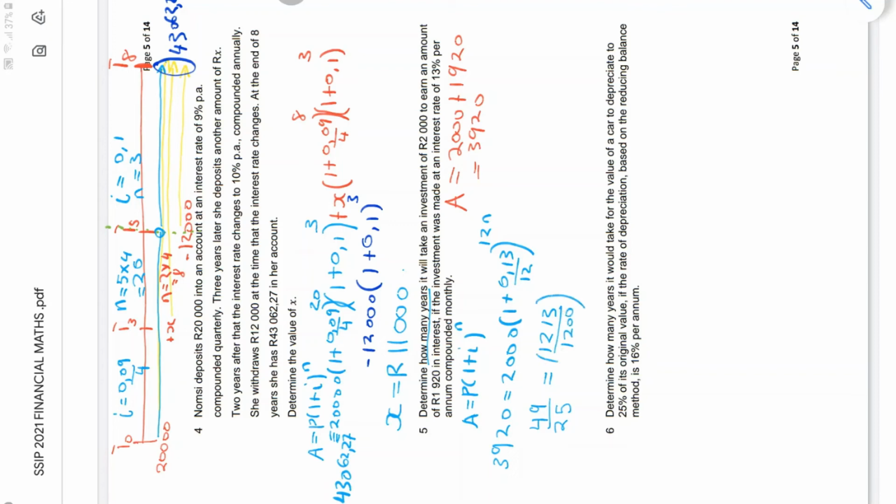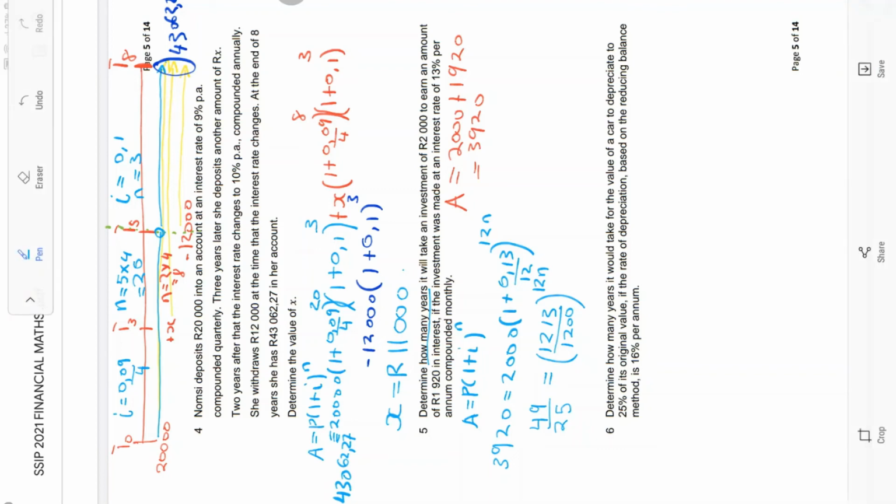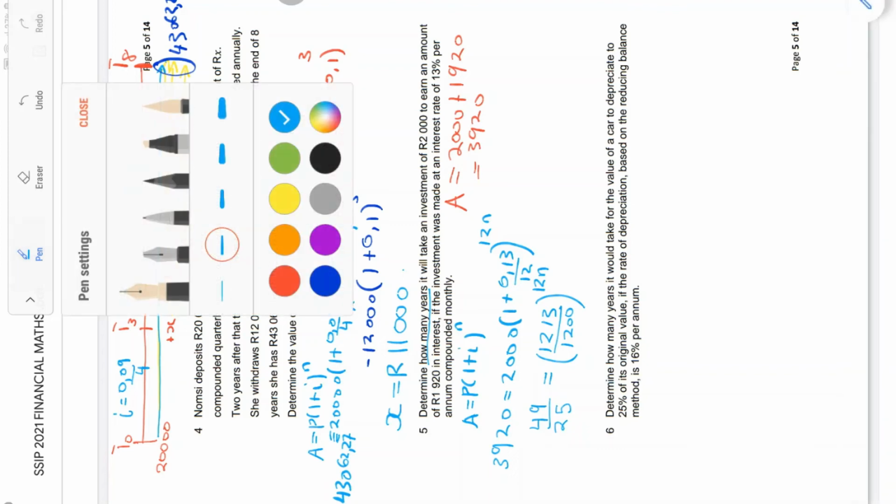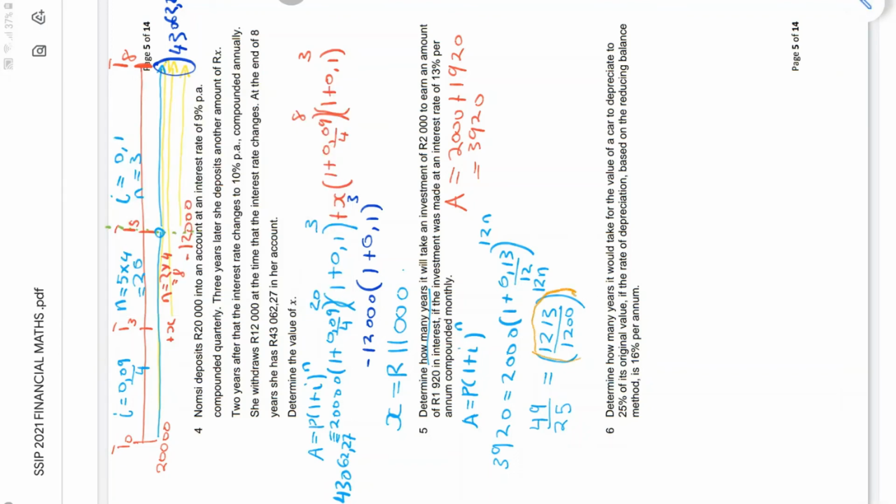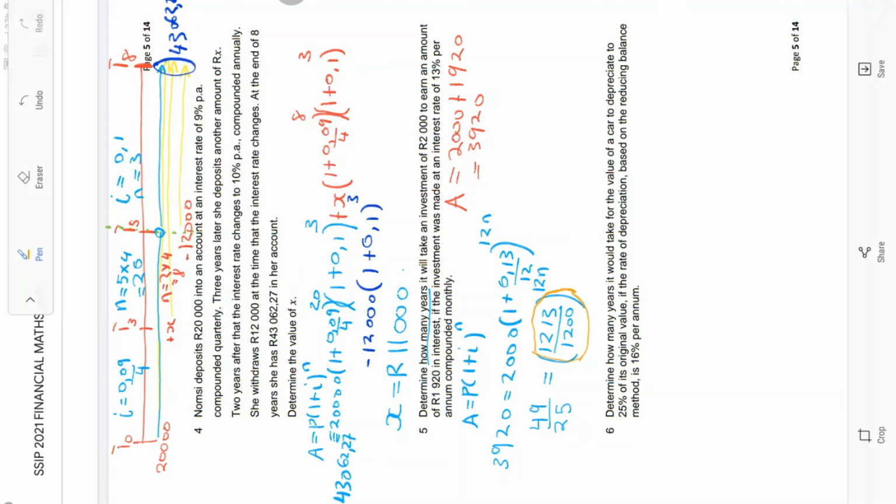But then remember, it's to the power of 12n. Our unknown is an exponent. So in order to find an exponent, we introduce the inverse of an exponent, which is a logarithm. So we are going to introduce log to the base of 1213 over 1200 on both sides.